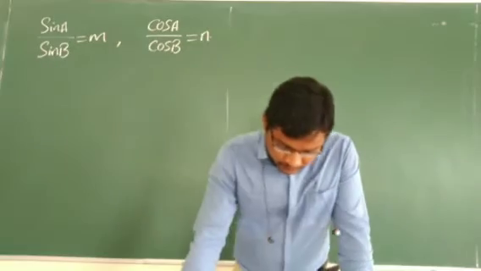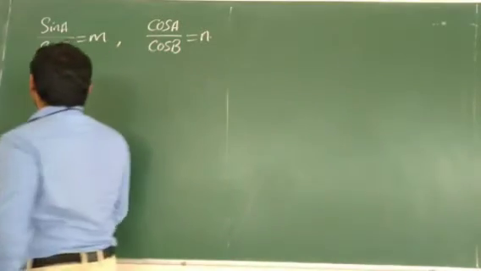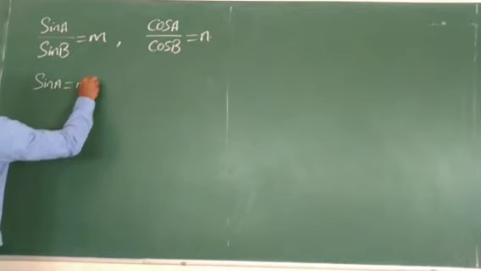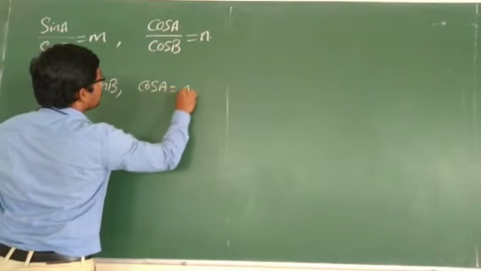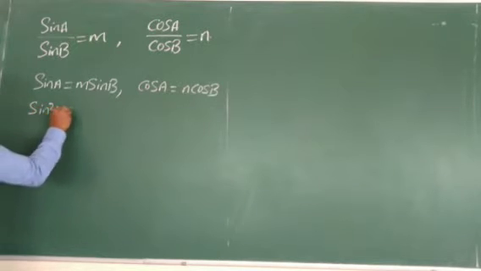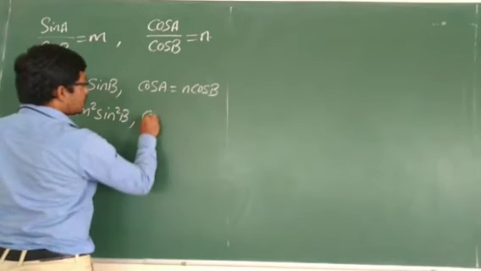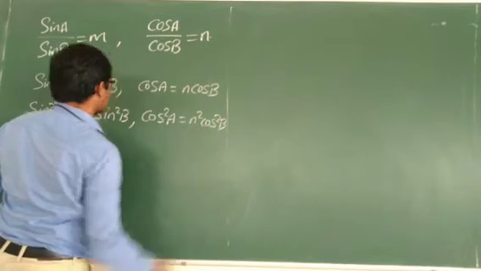Then you need to find the value of tan B. So first let's take this as sin A is equal to m into sin B, cos A is equal to n into cos B. Now if you take squaring on both sides, sin square A is equal to m square sin square B. If you square this also, cos square A is equal to n square cos square B.